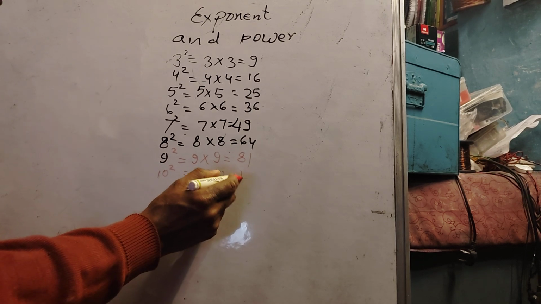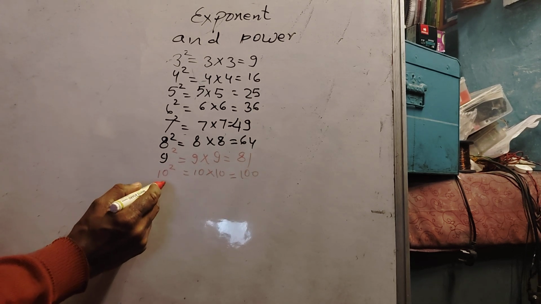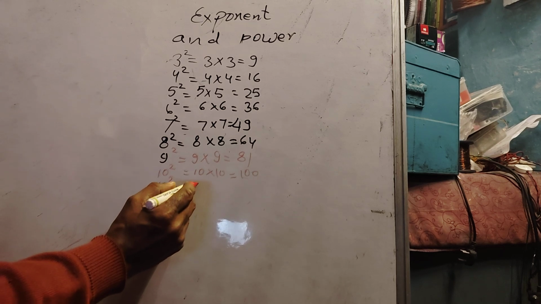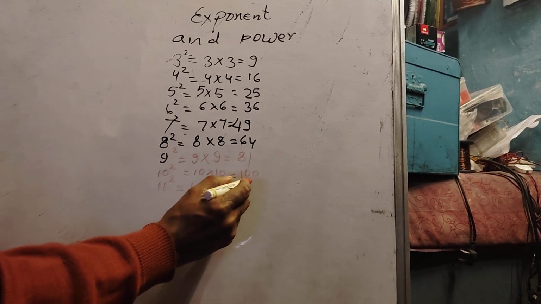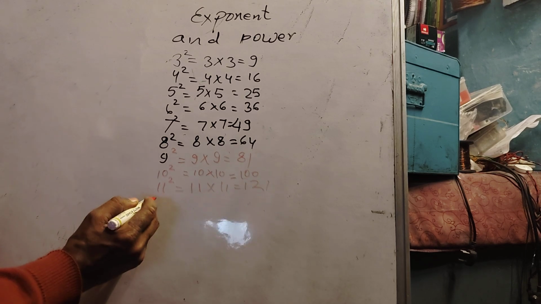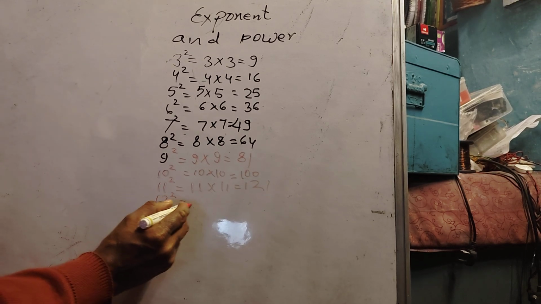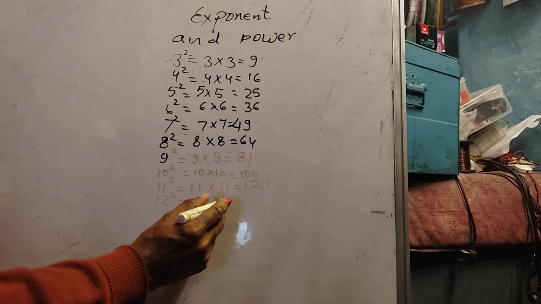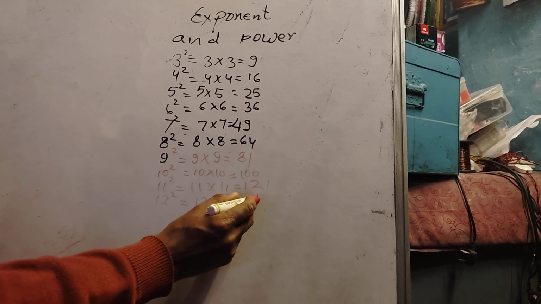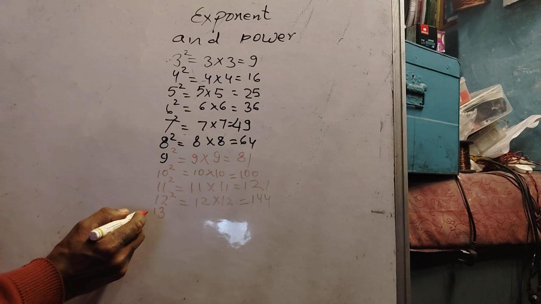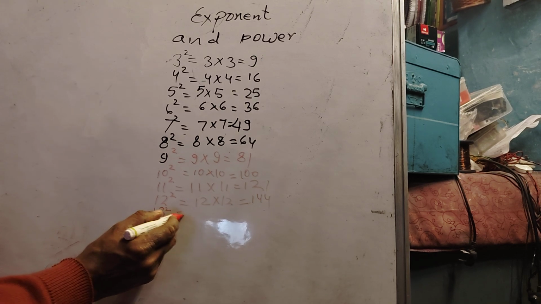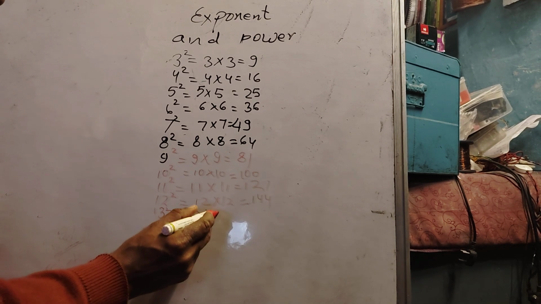Then 11 square. 11 squared is 121. Yes, correct. Then 12 times 12. 12 square is 144. Then 13 square. 13 times 13.